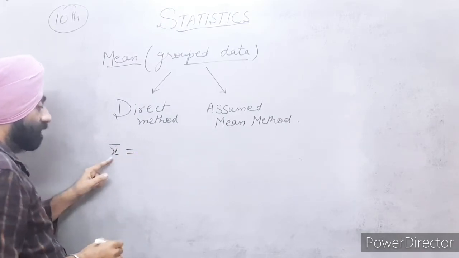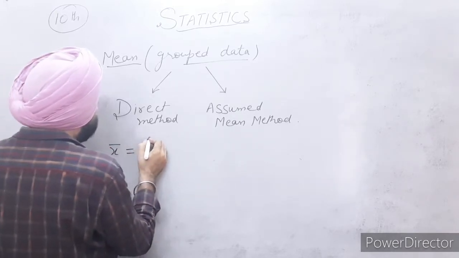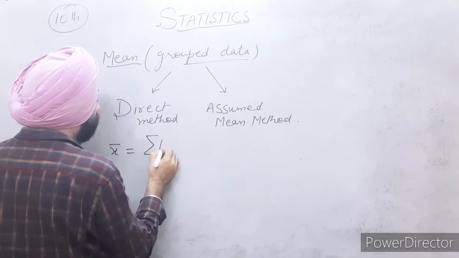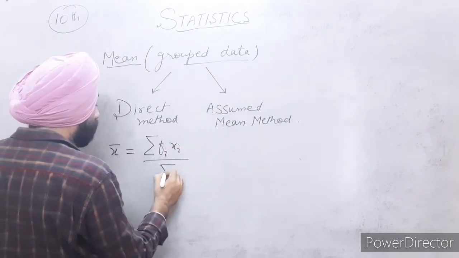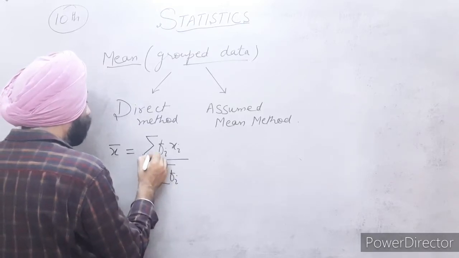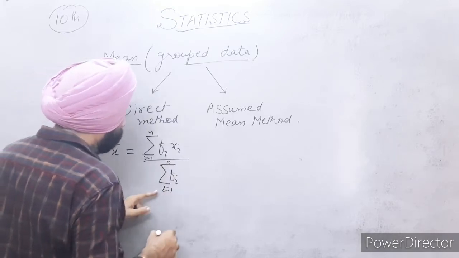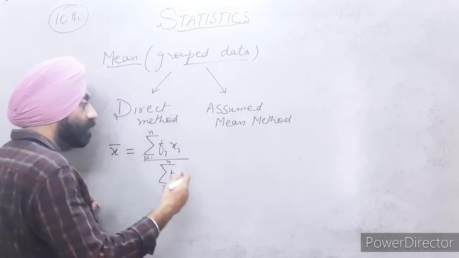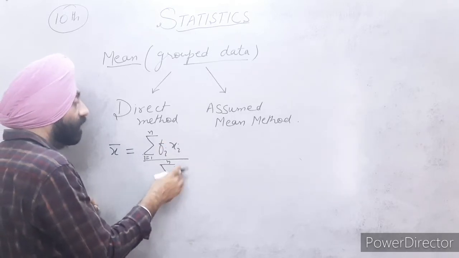Now, direct method: mean, x bar, equals summation of fi xi divided by summation of fi, where i equals 1 to n. That means how many observations are there; you sum up all those and get the summation of fi.